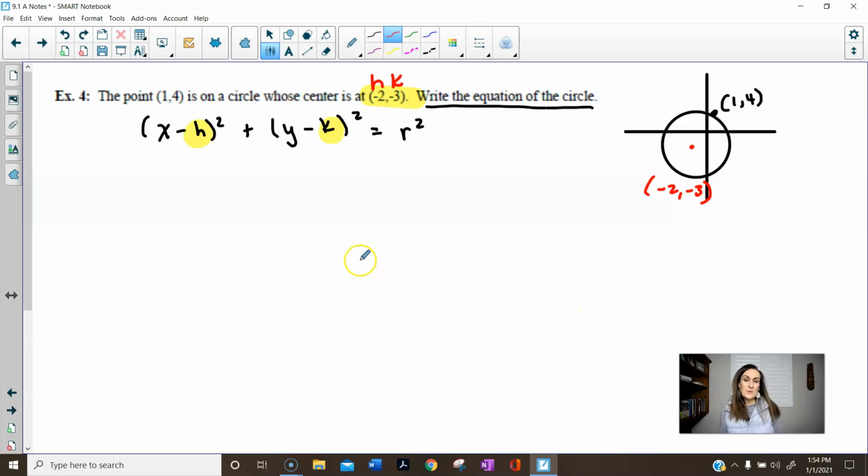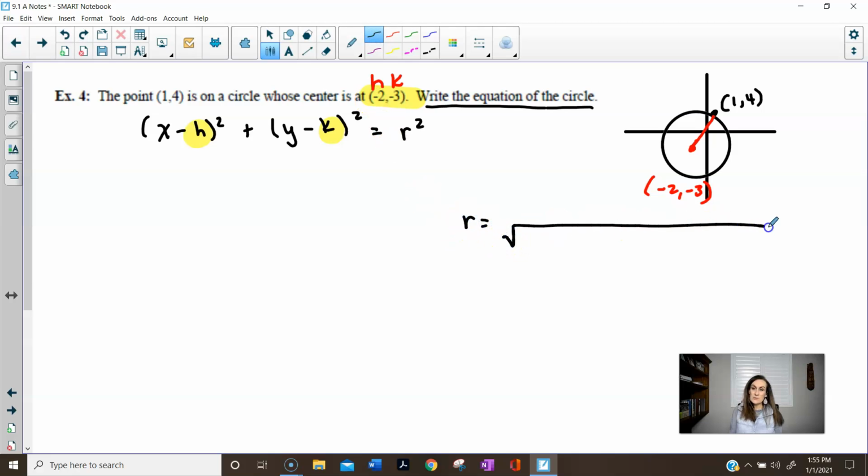Now, when we write the equation, here's the equation of a circle. I know what H is. I know what K is. Now what I need to do is find R, which is the radius. So I'm going to find R by finding the distance from the center out to that point 1, 4. So R is equal to the square root of, and I'm just going to use the distance formula.